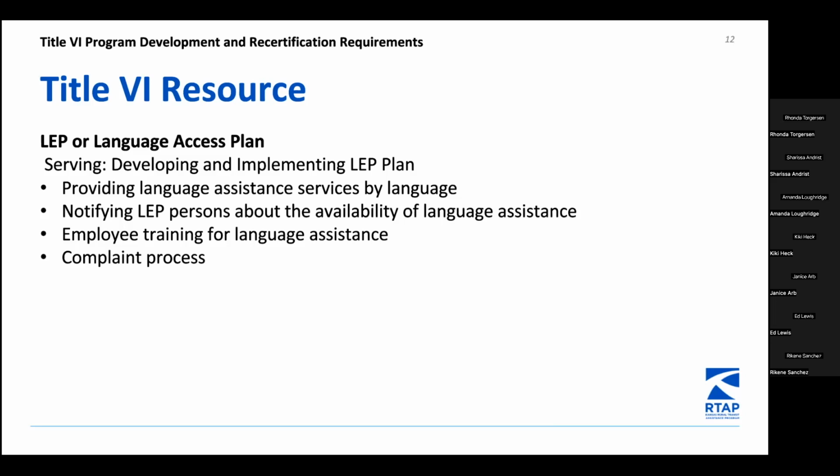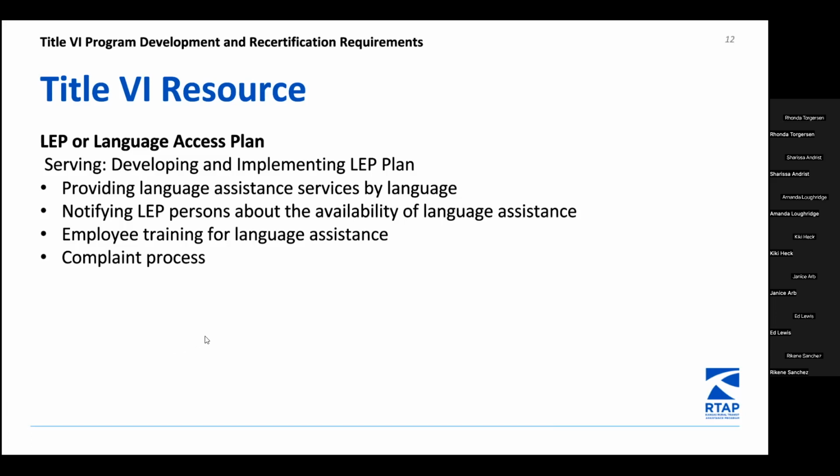There are also written translation language services that are available. And the LEP plan is just a space for agencies to decide which language assistance services they're going to be utilizing and why that makes sense based on the demographic data they obtained.